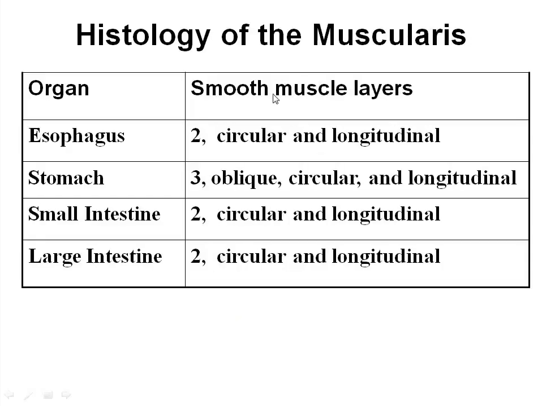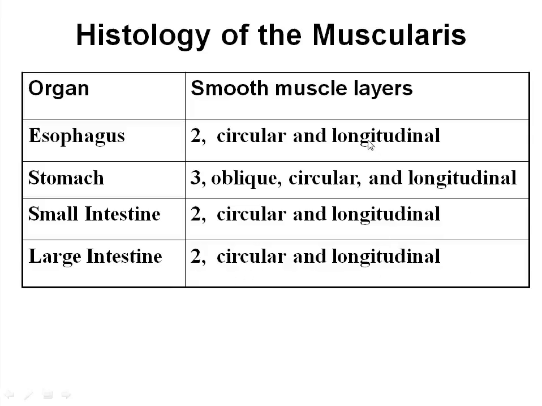If we compare the smooth muscle layers among the different organs, in the esophagus we find circular and longitudinal muscles. In the stomach, oblique, circular and longitudinal types of muscles are present in the outer layer of the wall of the digestive system. In the small intestine, again circular and longitudinal, and in the large intestine, again circular and longitudinal.